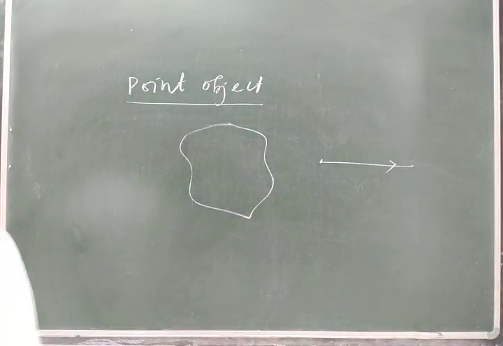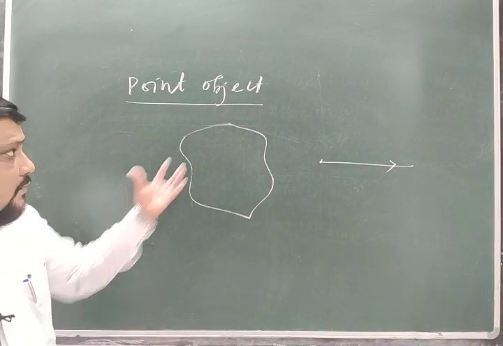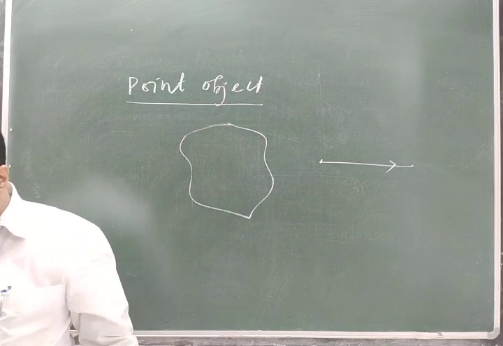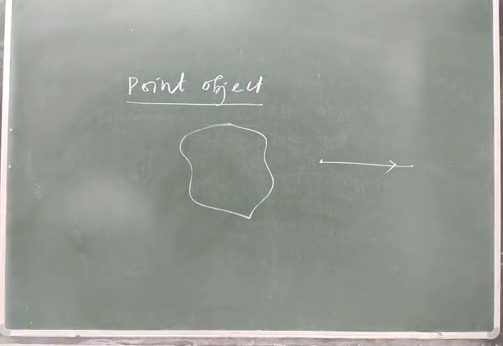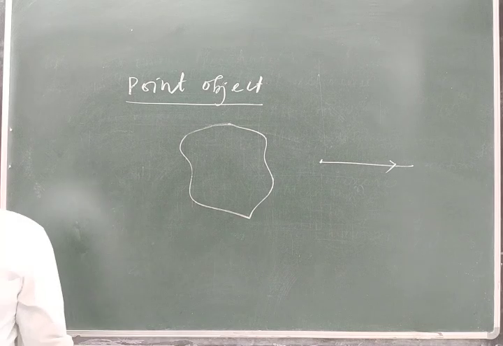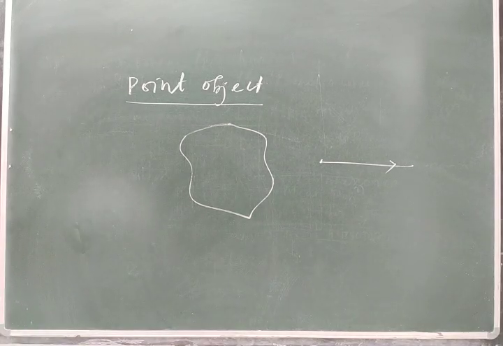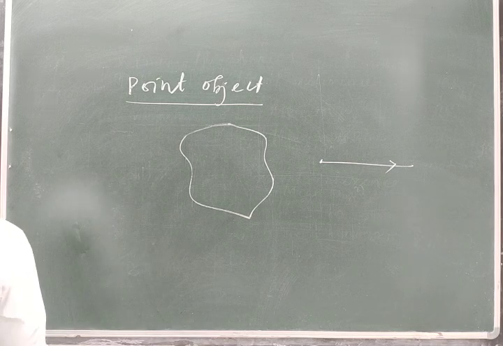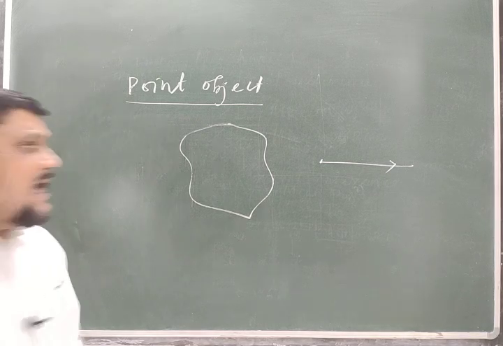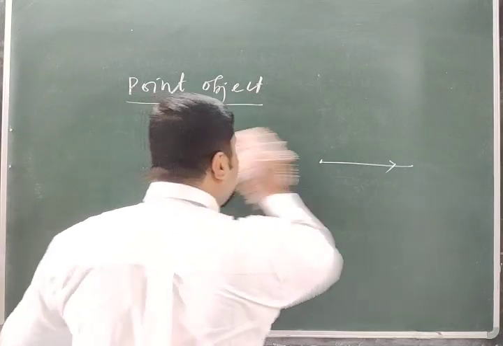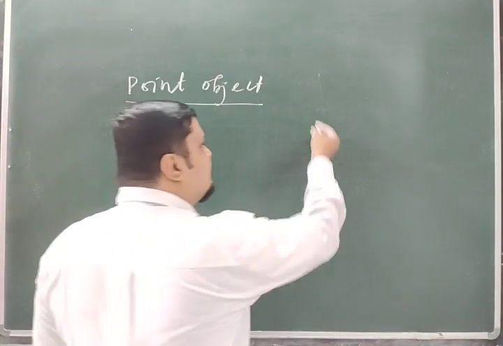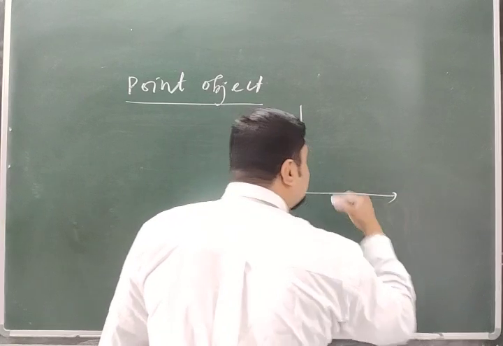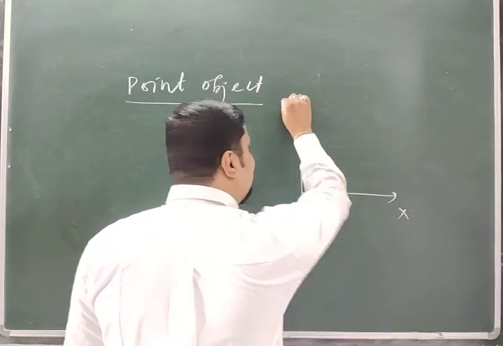So we can say that the point object or a particle is a model of a real object that helps us to locate its position at a single point in space, or on a coordinate system or in a frame of reference. Suppose I consider this XY frame of reference like that.